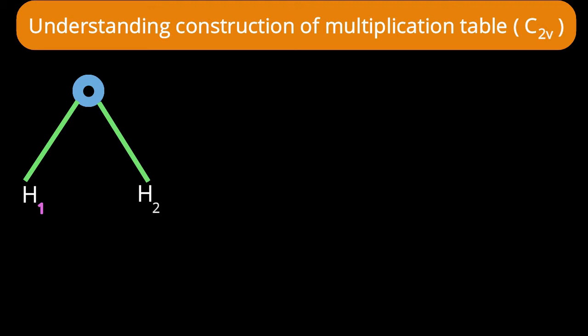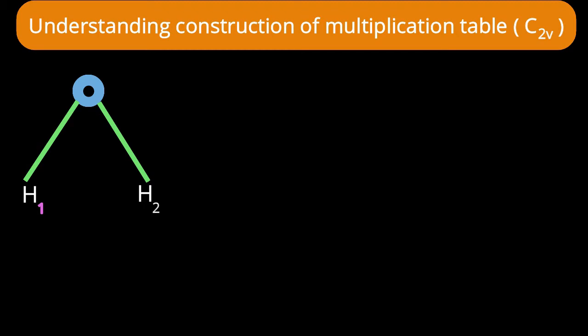If I perform the sigma xz operation, then H1 will remain at that place and H2 will also remain in the same place, but the nose will go away from us. If I perform the sigma yz operation, then H1 will come to the position of H2, H2 will come to the position of H1, and the nose will remain towards us. These are the results of the various operations.